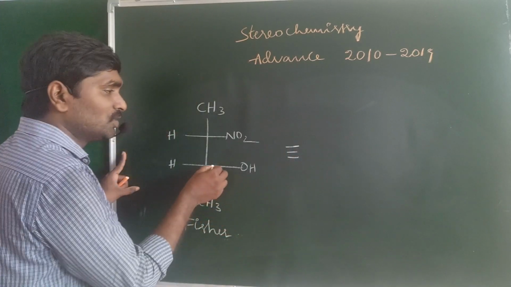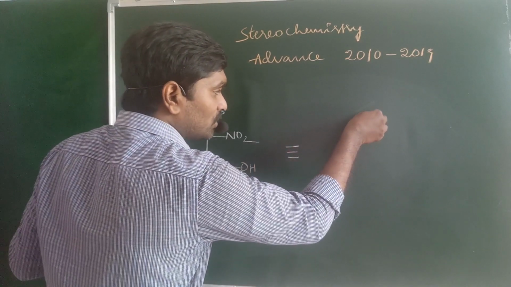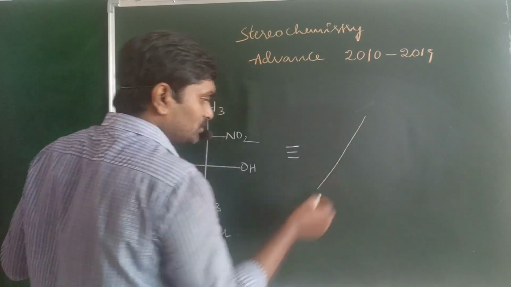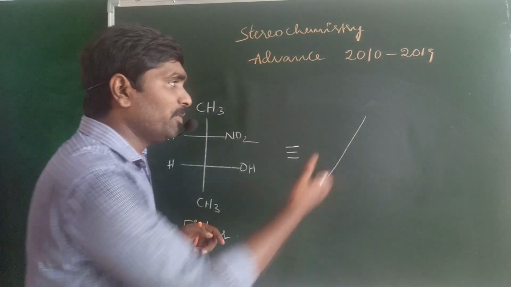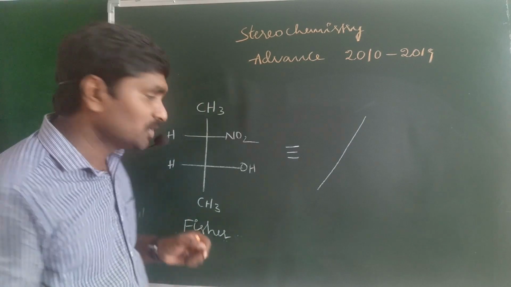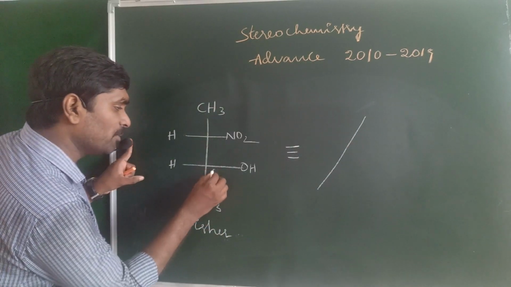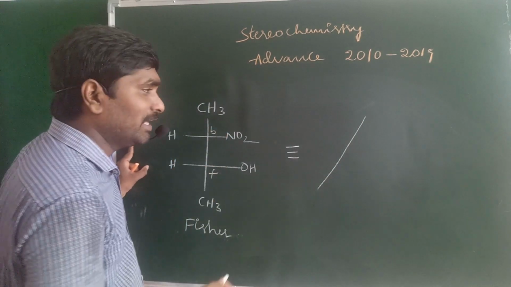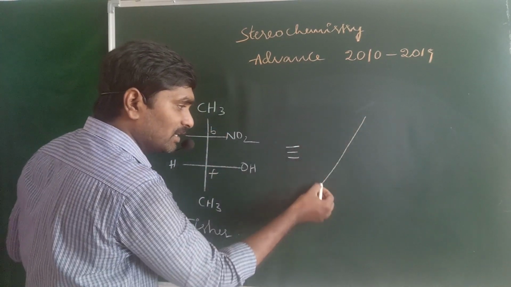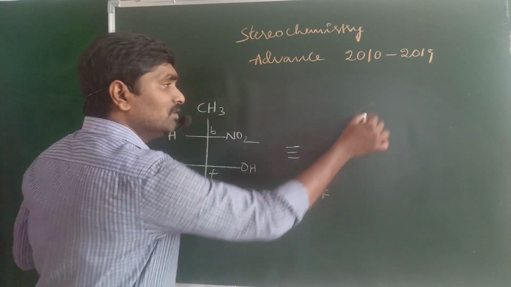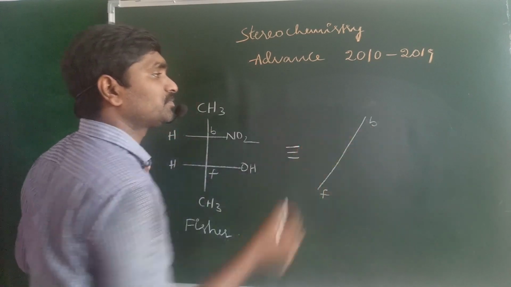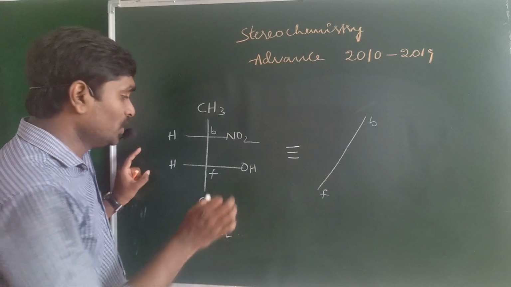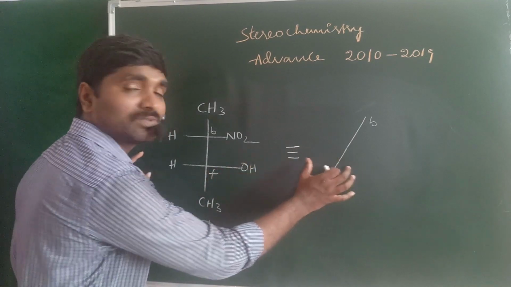Remember guys, Fischer to Sawhorse. In Sawhorse, the backbone carbon chain is indicated with the vertical line. In the Fischer projection formula, this is the front carbon and this is the backside carbon. In the same way, in the vertical line, this is the front carbon and this is the backside carbon.